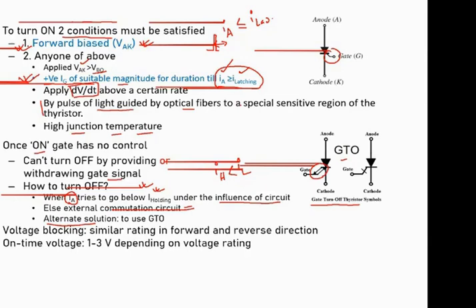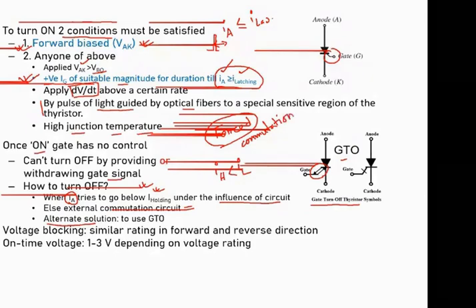Sometimes some external circuit is used to forcefully reduce that thyristor current to zero. That is known as a commutation circuit, which is required when you use thyristors in applications like DC-DC converters or inverters.